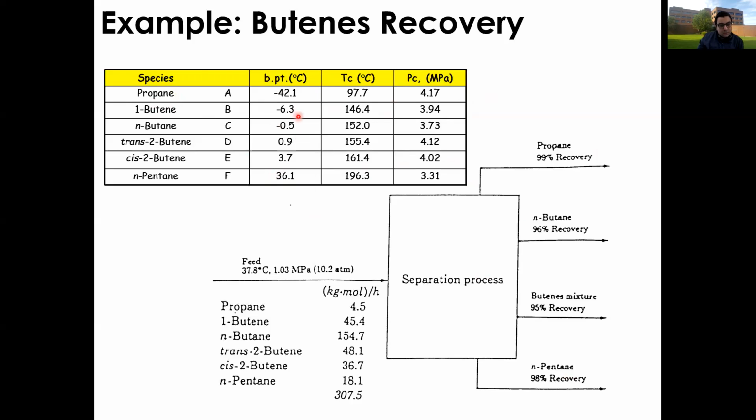And then I need to recover the butane, which is right here in the middle, from the butenes. So this will be a more complex type of separation, with a bit more of a detailed decision to make. But again, when you think about it, should I separate the propane out first and deal with these, or should I separate the pentane out first and deal with these?